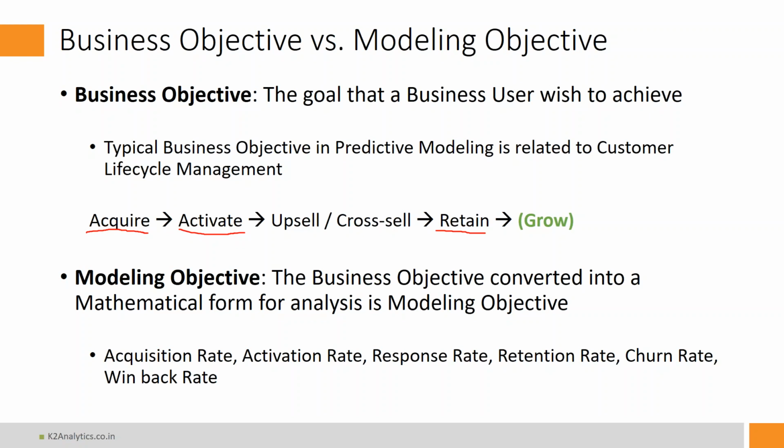Churn can also be defined as a drop in revenue by 80%. I can define churn that way also. So the modeling objective is to convert the business objective into a mathematical form. If you are able to do that, your model objective definition is done. That is the first and foremost step.